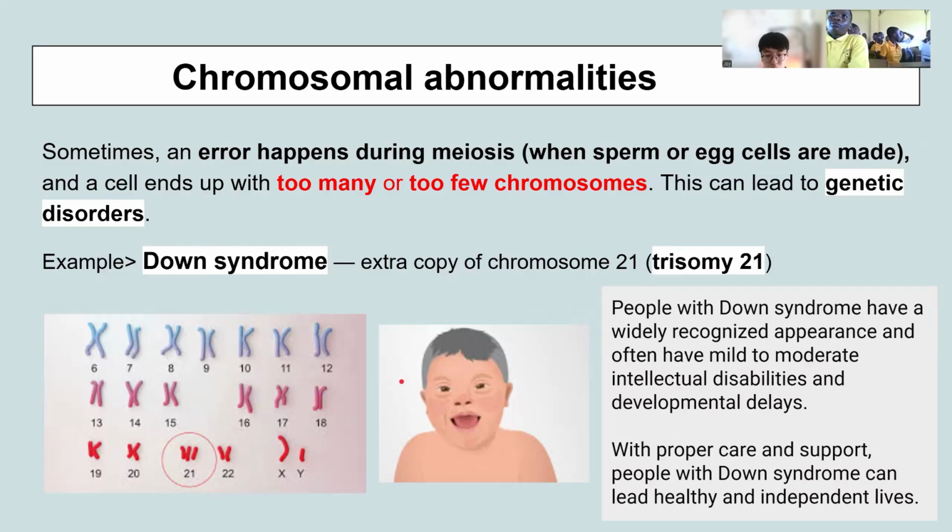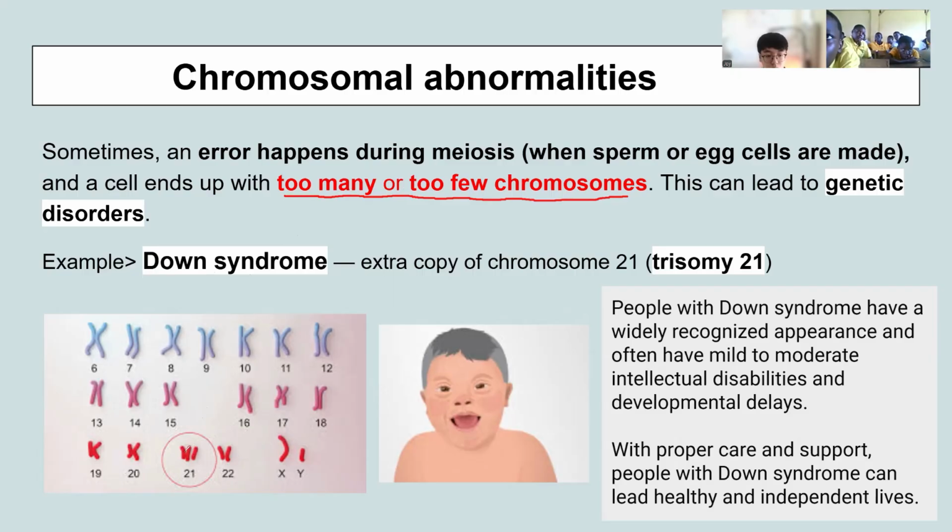But when chromosomes line up, there can sometimes be an error. Meiosis is where the sperm and egg cells are made, and during this process, a cell might end up with too many or too few chromosomes. And this leads to genetic disorders. An example is Down syndrome, which is an extra copy of chromosome pair 21.